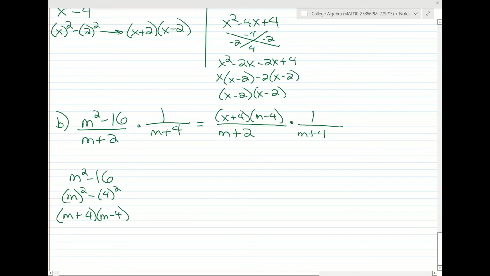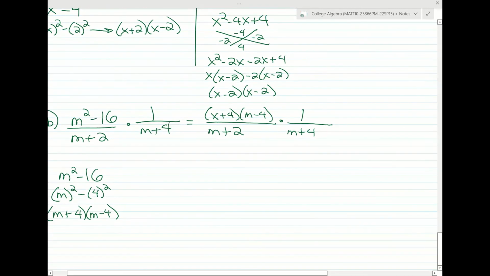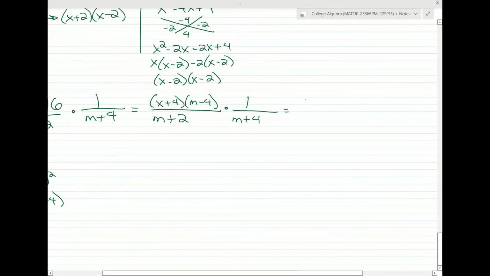Just to finish this problem, now that it's completely factored, we'll multiply straight across. This will be m plus 4 times m minus 4 divided by m plus 2 times m plus 4.